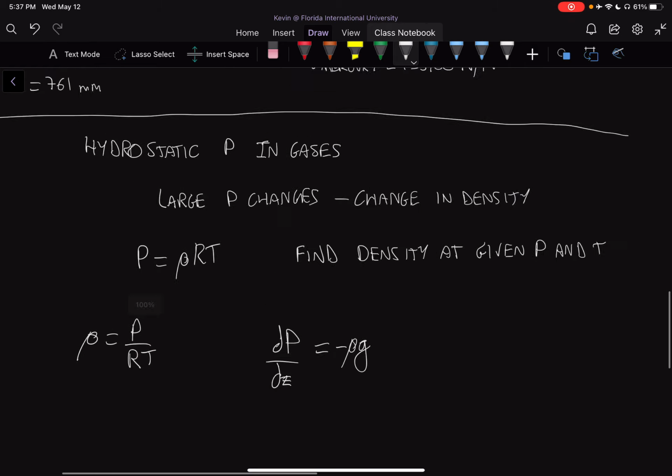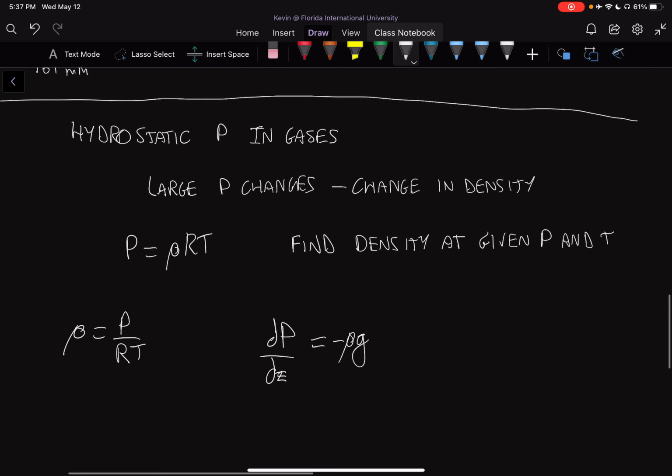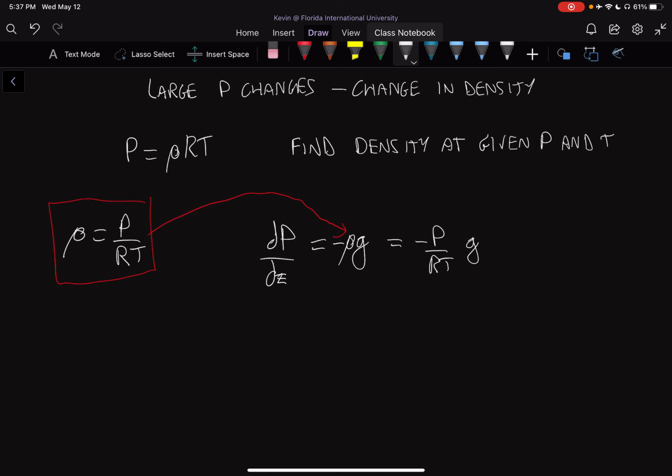So we can substitute this and bring it into this equation right here. And so we get that this is equal to minus P over RT times g. Now, this is our fundamental equation that we derived earlier. We now have substituted the ideal gas equation.